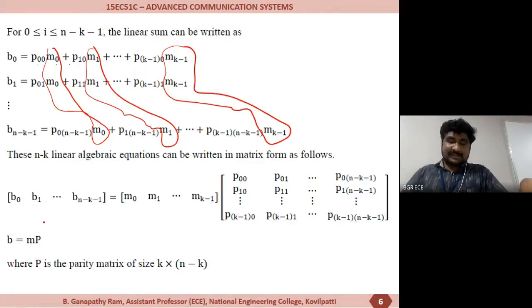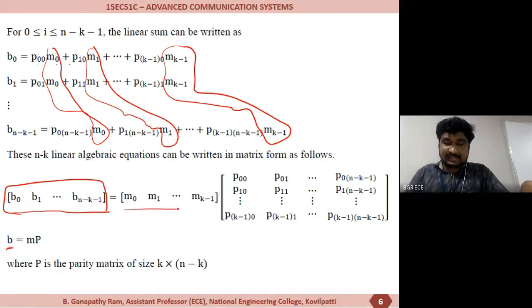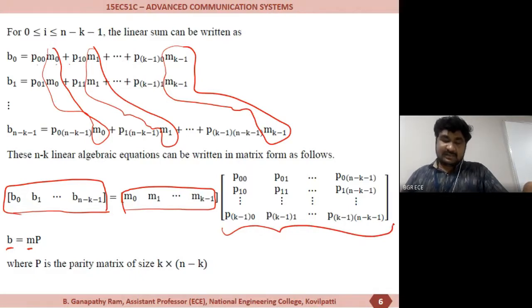It can be simply written as: the parity bits can be written as B, the message bits can be written as M, and the whole matrix can be written as the parity matrix.